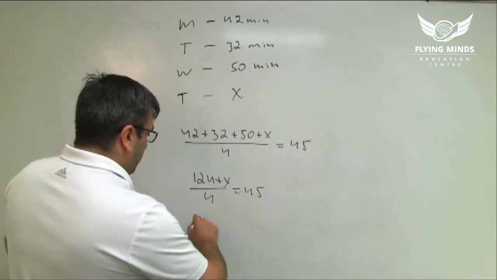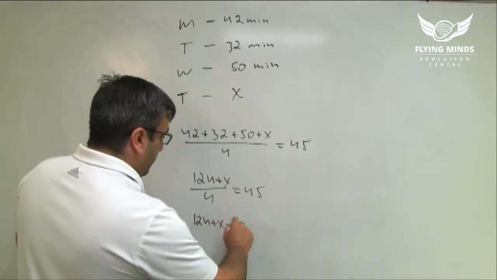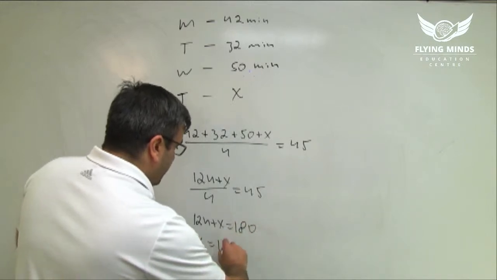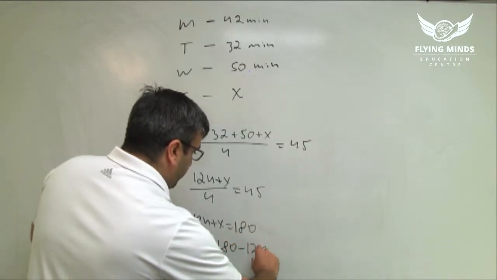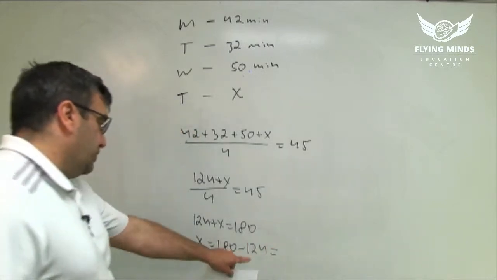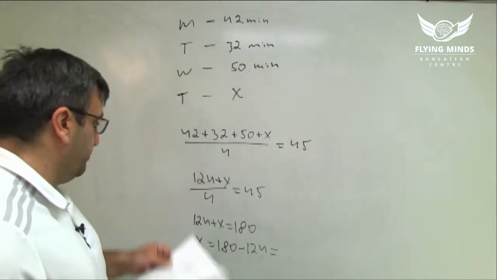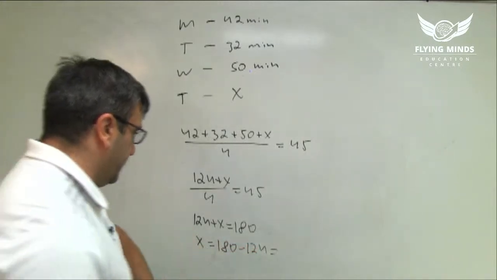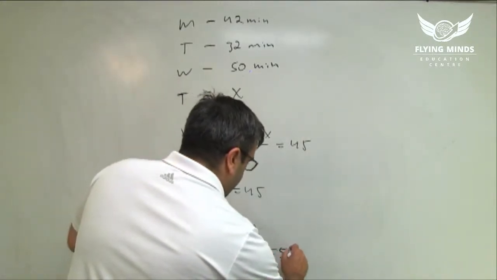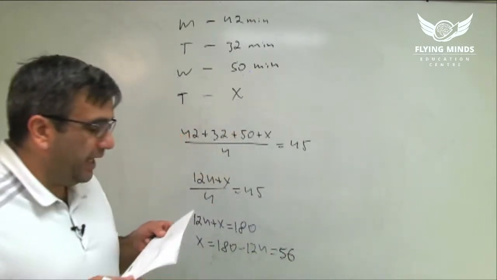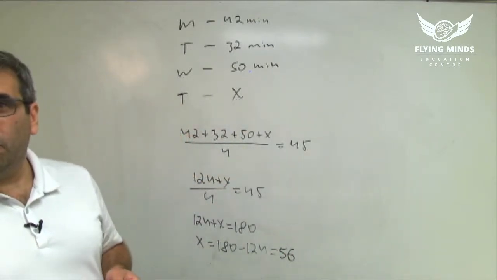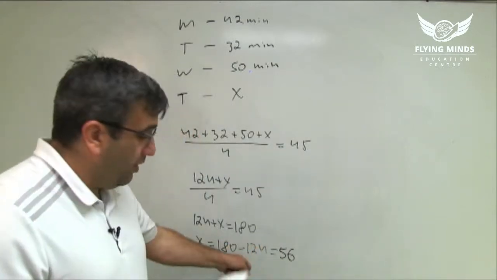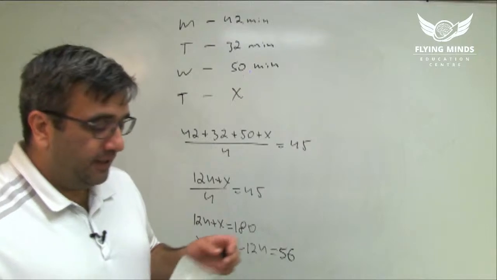So 124 plus x equals 180, and then x equals 180 minus 124, which equals 56. Okay, so she played 56 minutes on Thursday.